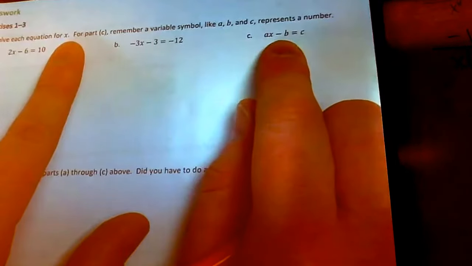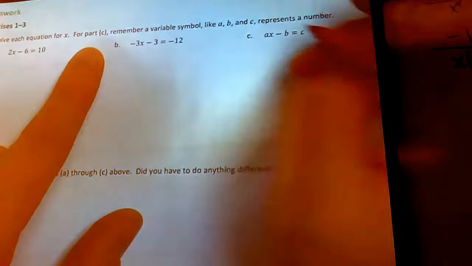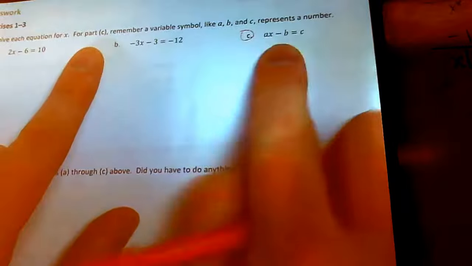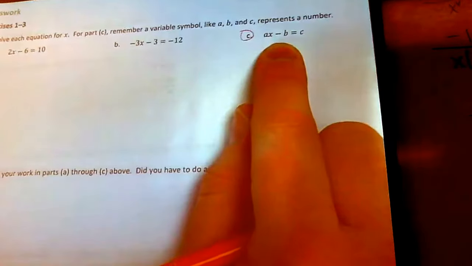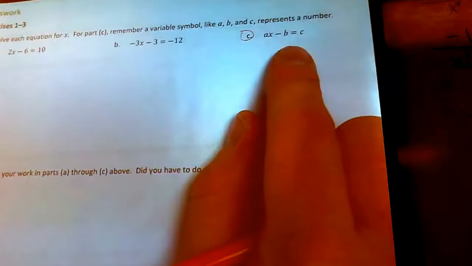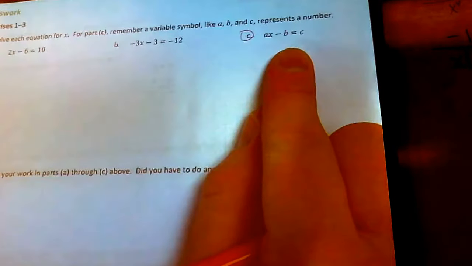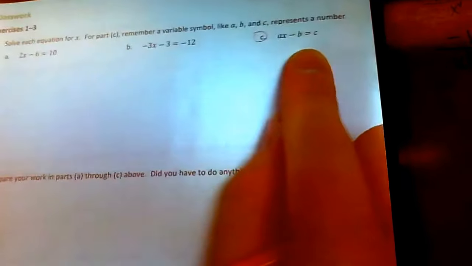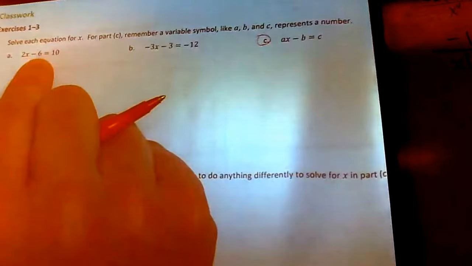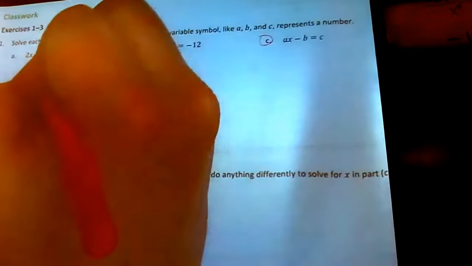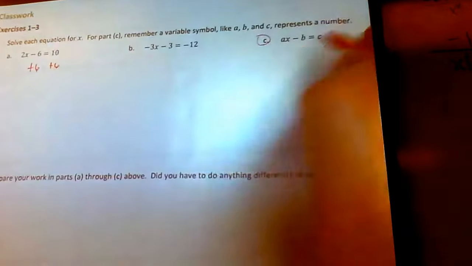Let's go, page 103. Solve for x. We're going to skip A and B right now and just look at C. Solve for x. Can you do it? Yes, you can. Okay, let's look at A. What would you do first? Plus 6. Well, guess what you're going to do over here?